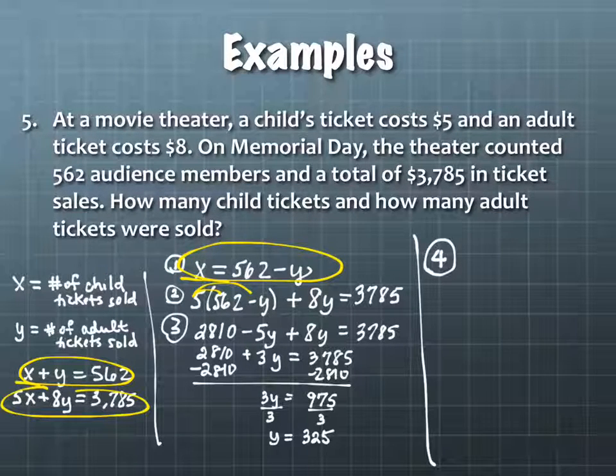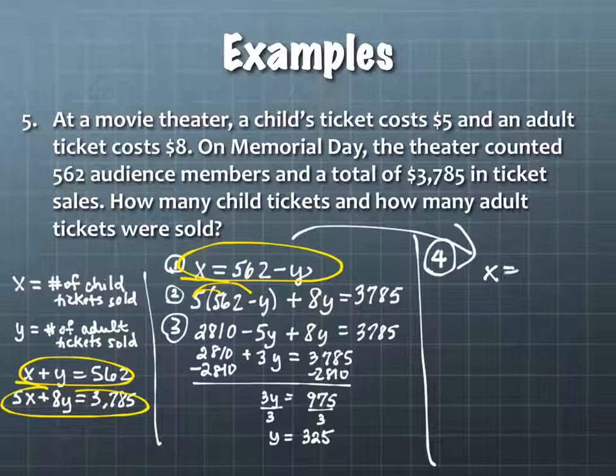Which one's the nicest to put it into? The third one I did, where it says x equals, because it's already solved for x, don't you agree? So if I put it into this one, x would equal 562 minus 325. What would x be?